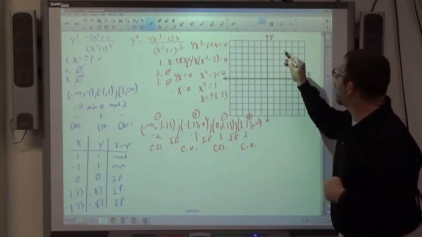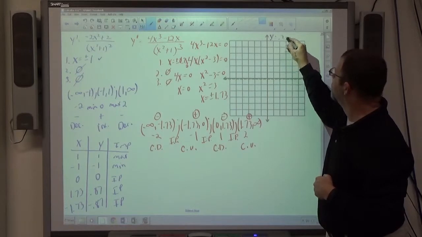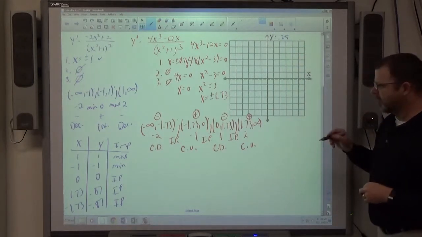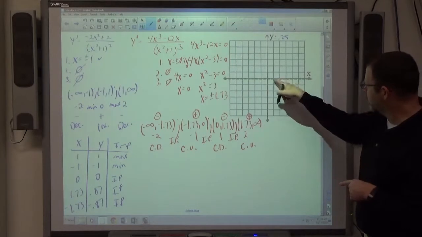So maybe I'm going to scale the y-axis as a 0.25 scale. Let's go x at a 0.5 scale because we only went to 1.73.